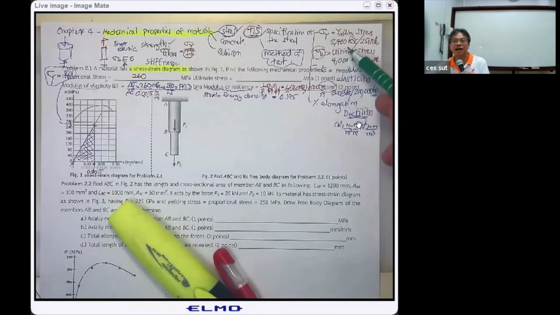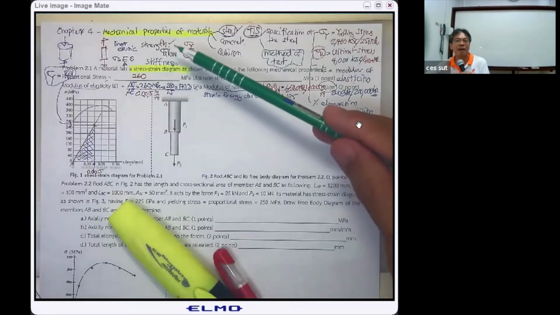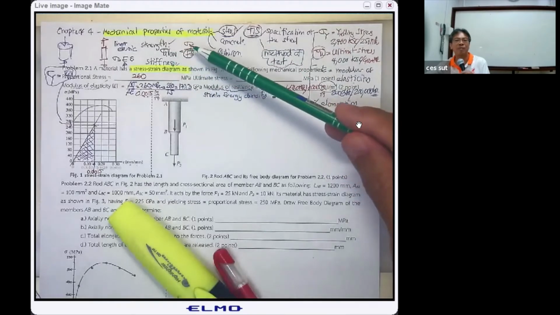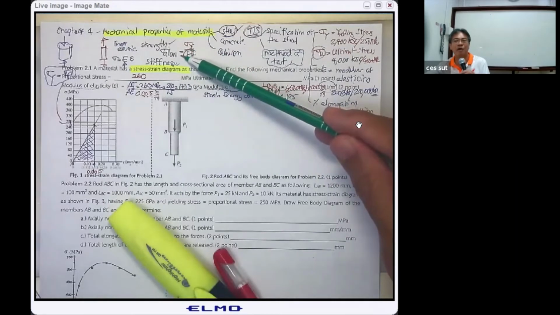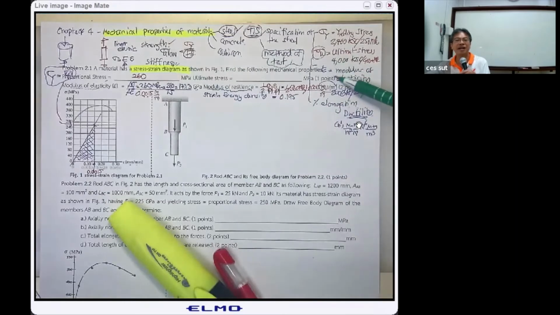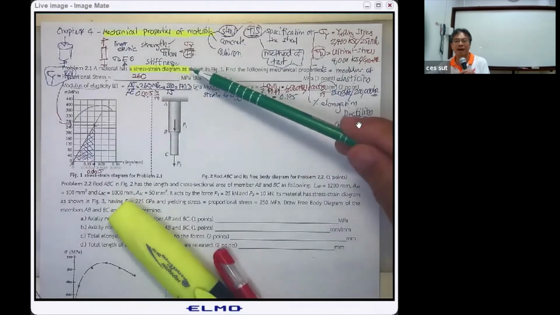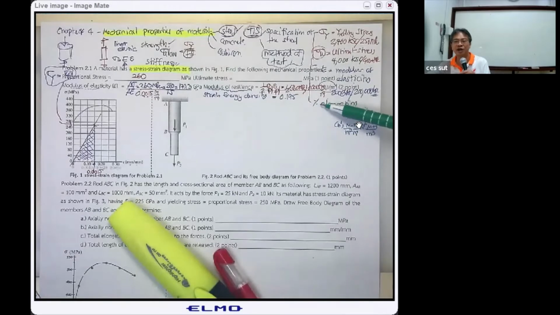The yielding stress represents the strength of the material. You divide the strength of material by the factor of safety to use it as the sigma allowable. The modulus of elasticity represents the stiffness of the material, and the percent elongation represents the ductility of the material.